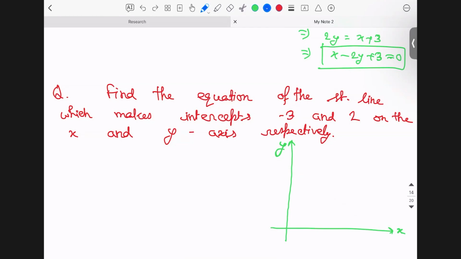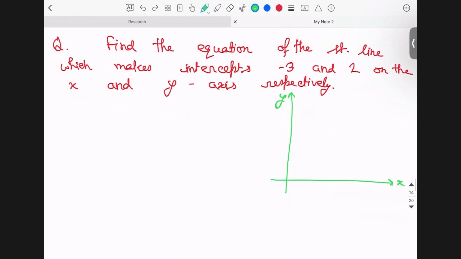The x-intercept is -3, so -3 will be here, and the y-intercept is 2, so 2 will be somewhat like here.